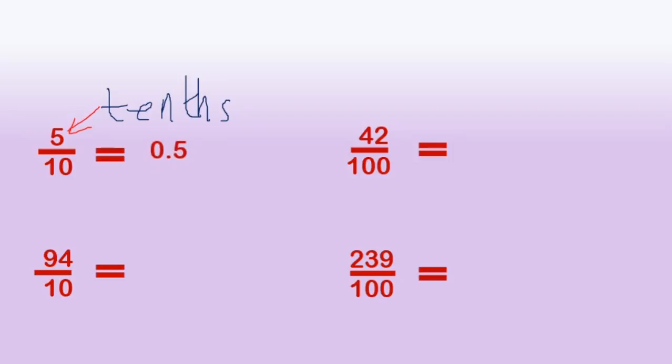Now when we come here, we have two numbers on top of our denominator, which is 100.